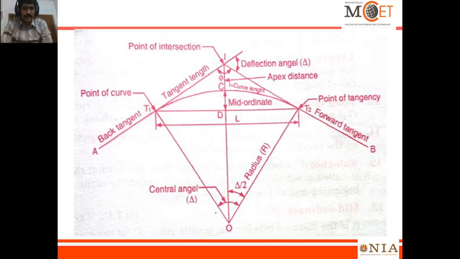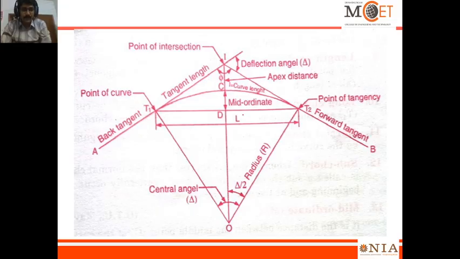And the angle subtended at the center based on the radius is again delta. The same deflection angle, the same angle delta, will fall here also. When you extend this mid-ordinate to O, it is exactly half of the curve, so this angle becomes delta by 2.